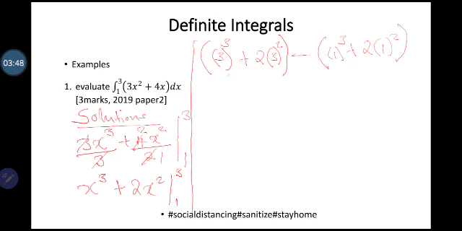So we simplify this: 3 to the power 3 is 27, plus 3 to the power 2 is 9, 9 times 2 is 18, minus 1 to the power 3 is 1, plus 1 to the power 2 is 1, times 2 is 2.